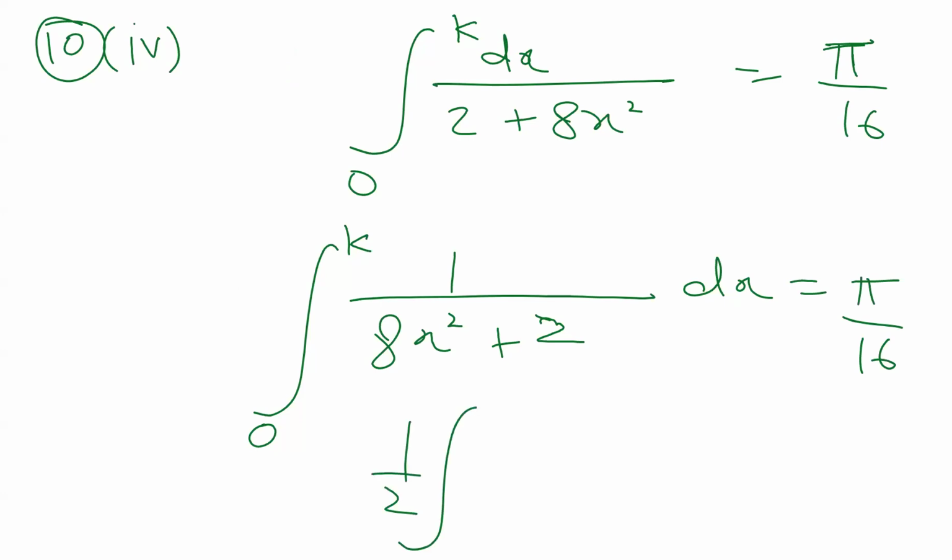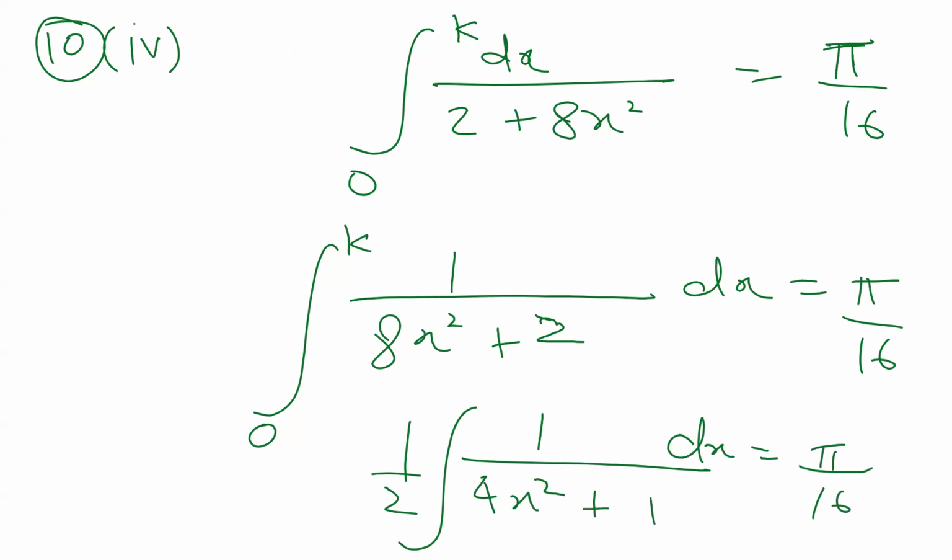2 common, so 2 times 4x square plus 1, limits k and 0.